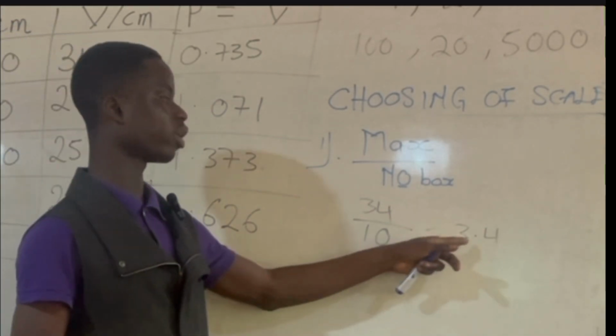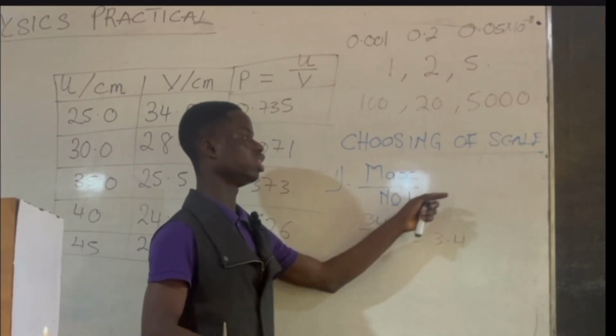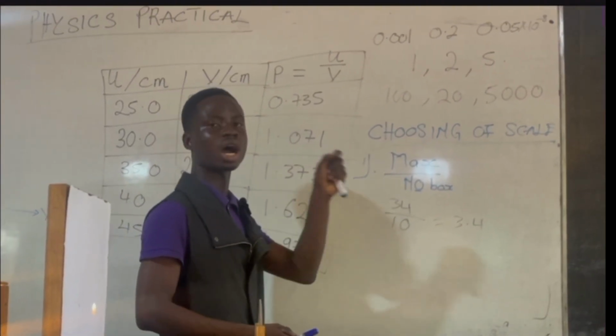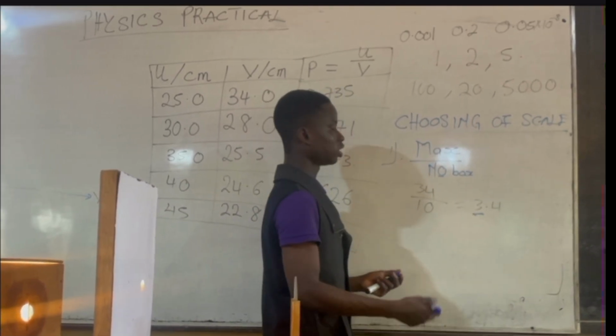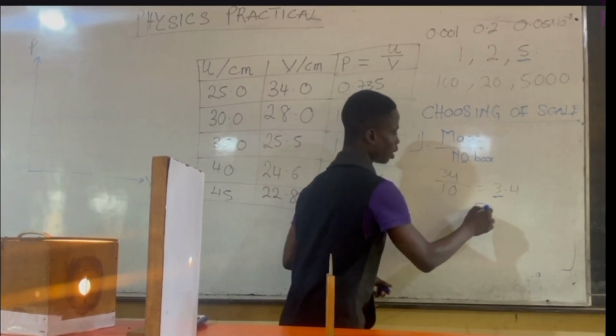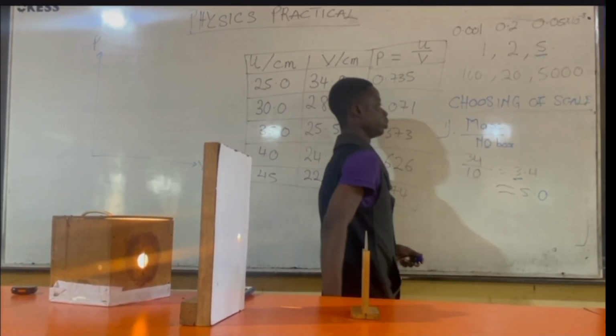But because 3.4 is not a reasonable scale, we run it up to the nearest reasonable scale. Always we run it upward. So from 3, our nearest reasonable scale is 5. So we run our scale to 5.0.